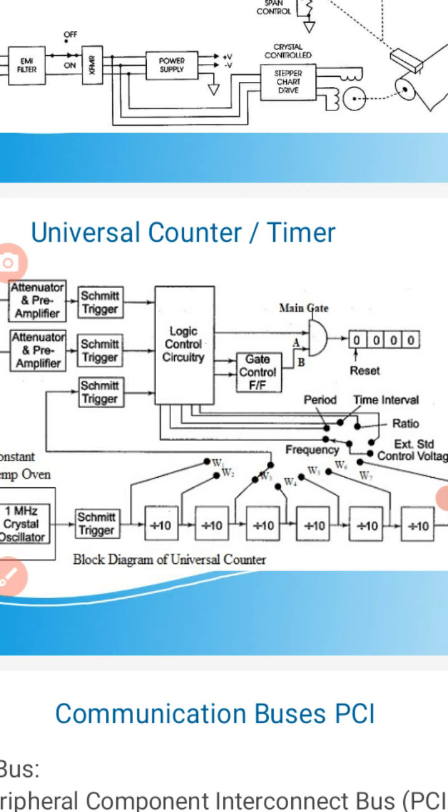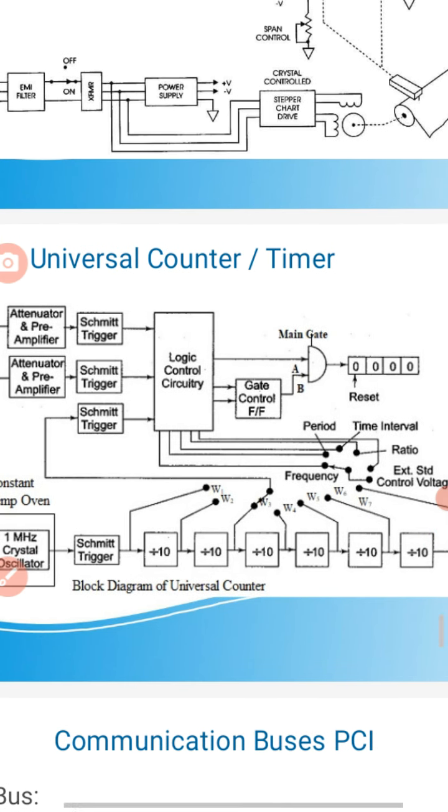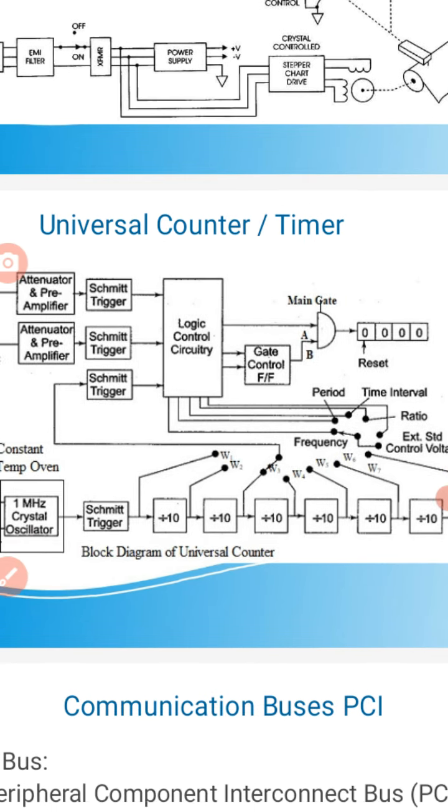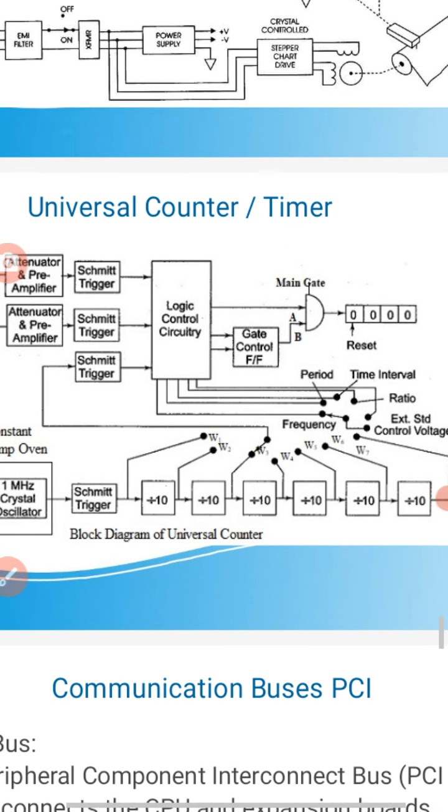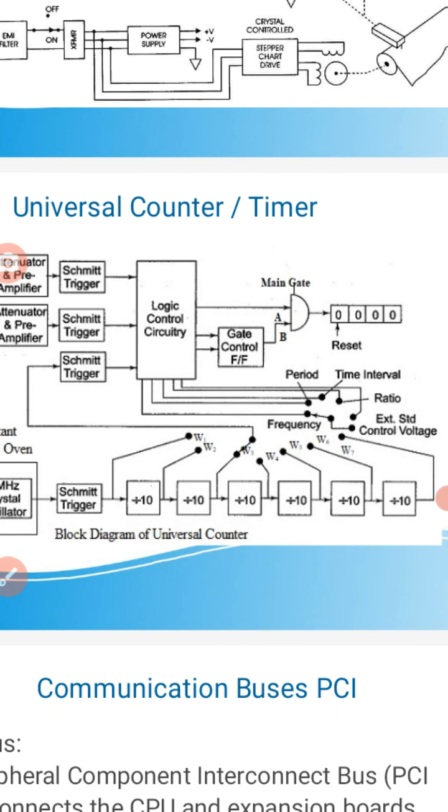The block logic control circuitry contains logic gates that are enabled or disabled depending upon selection of the function by the function switch and on the status of the inputs to logic control circuitry. The output from the logic control circuitry directly reaches one input of the main gate.